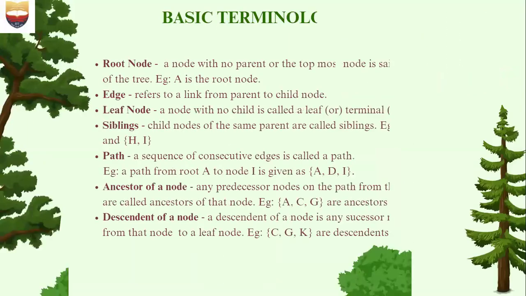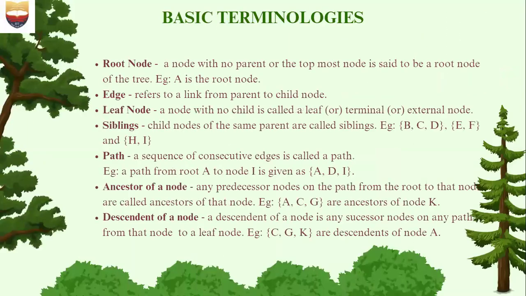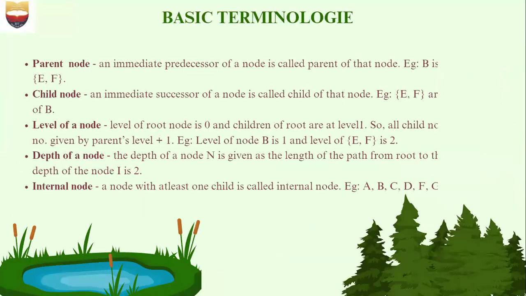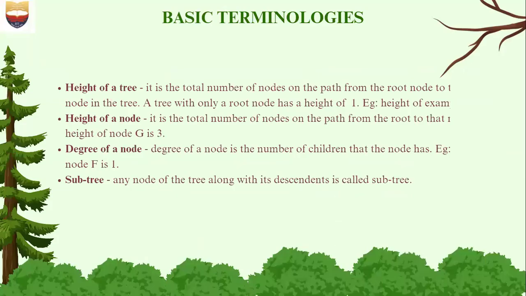Next term is subtree. Any node of the tree along with its descendant nodes is called a subtree. We have already seen what is a subtree in the beginning itself, that is in the definition of tree, right? Therefore, here subtree is nothing but any node of the tree along with its descendant nodes.